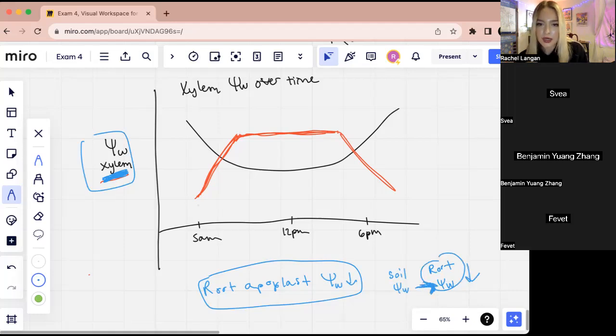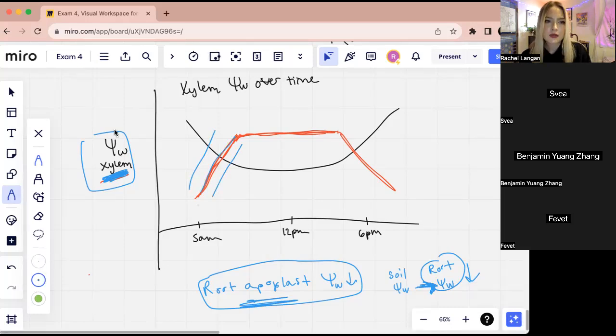Because you're increasing the gradient. So as the xylem water potential is lowering, I know this is also lowering, and the rate of root uptake should also increase. Now I want to think, is it going to increase like this? Or is it going to increase like this? Or is it going to increase exactly like the transpiration rate?